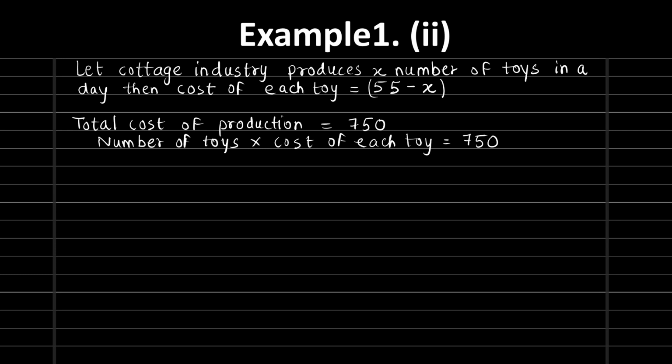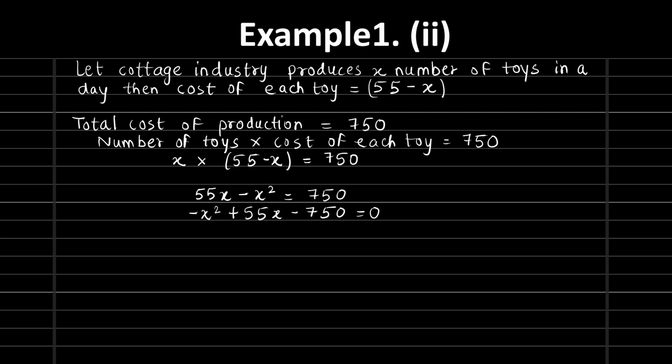So number of toys, here we assumed it as X, and the cost of each toy is 55 minus X, equated with 750. Now X into 55, we will get 55X. X into minus X, here it would be minus X square, equal to 750. So we will get minus X square plus 55X, and on bringing 750 from the right hand side towards left hand side, it would be minus 750, equal to 0.